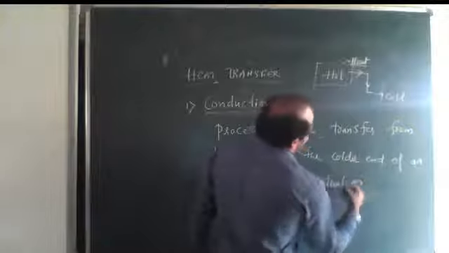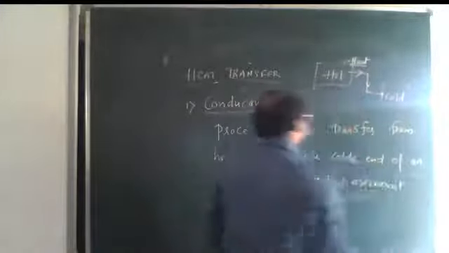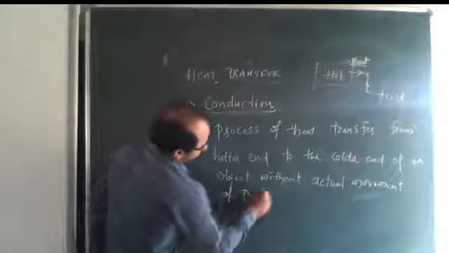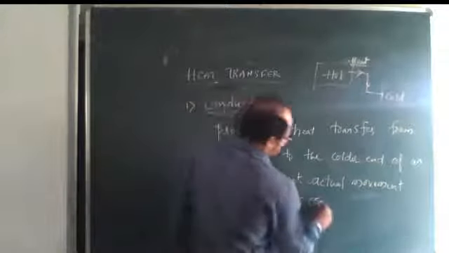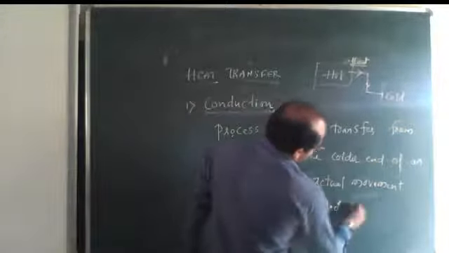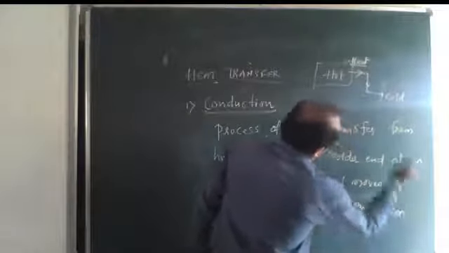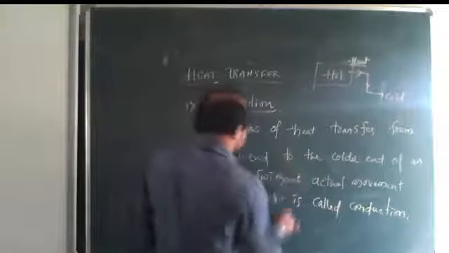There is no actual movement of particles. You can say without actual movement of particles, or molecules, is called conduction. Even if you don't write this, that is also okay. You can keep it in brackets.